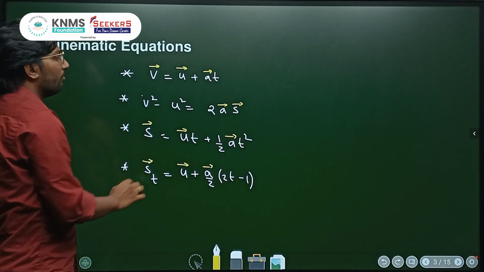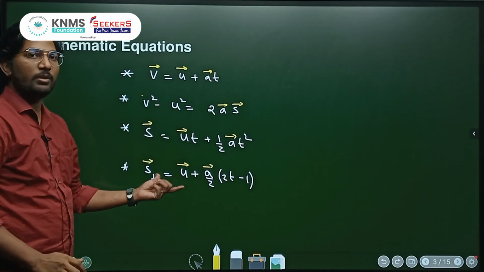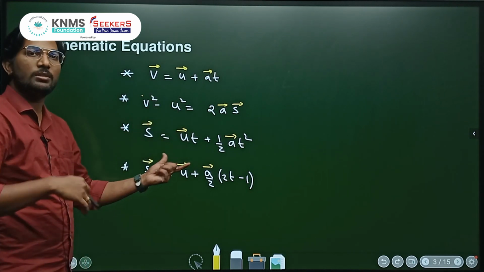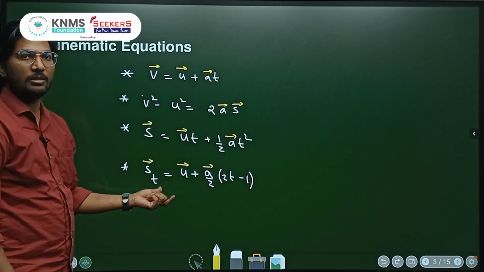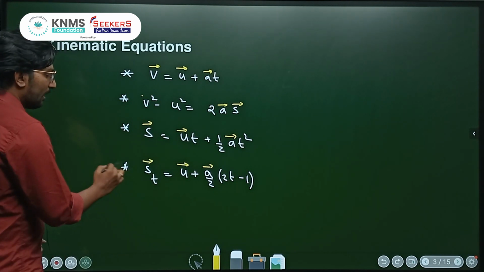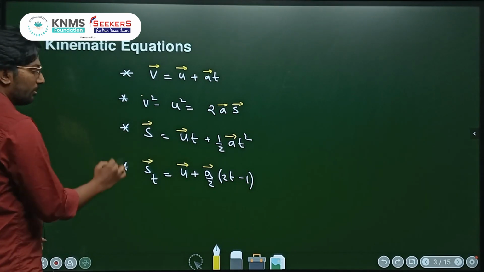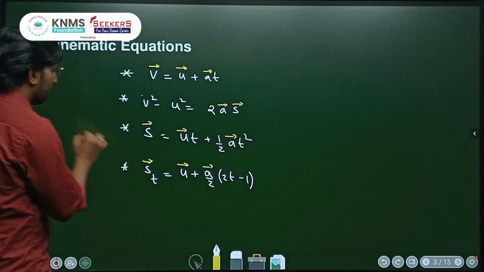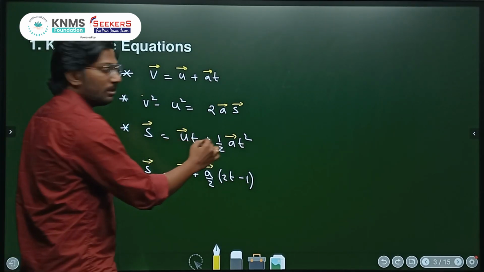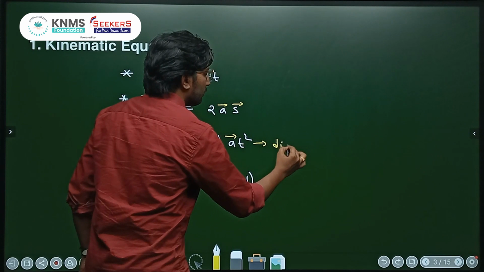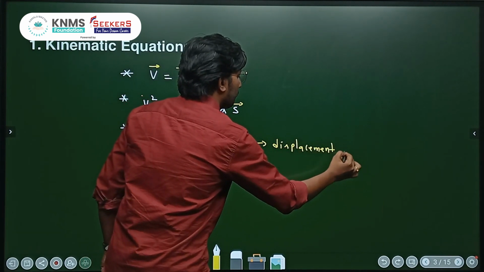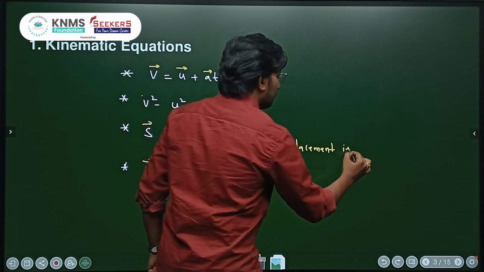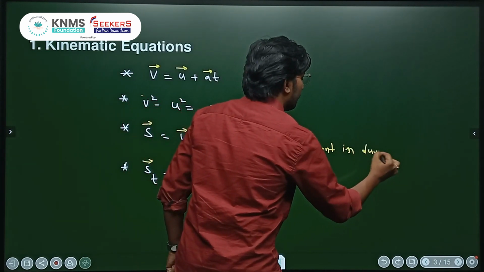So remaining things, you always make sure you write it as a vector format, because when you use the same equations in 2 dimension, it will be easy for you to consider the sign convention into it. And coming to the last part, the third equation and the fourth equation, the difference between them is, this one is the displacement in some duration of time.